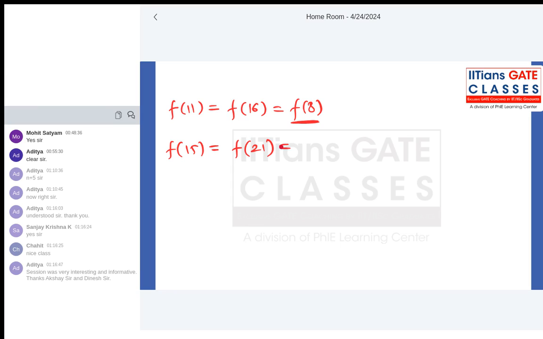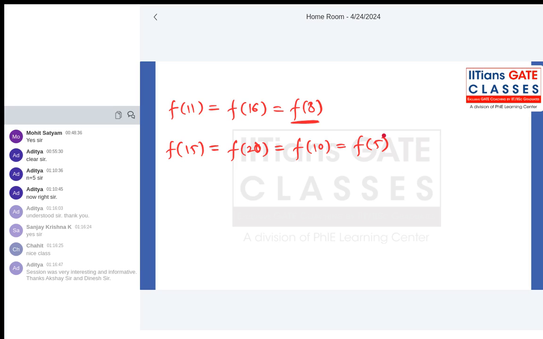Then if you add 6, it is f of 27. But why not 5 added? Oh, sorry. You have to add 5. I could not see the definition. Sorry, my bad. So it will be f of 20, because you have to add 5, not 6. Then again, it will become equal to f of 10 and f of 5.